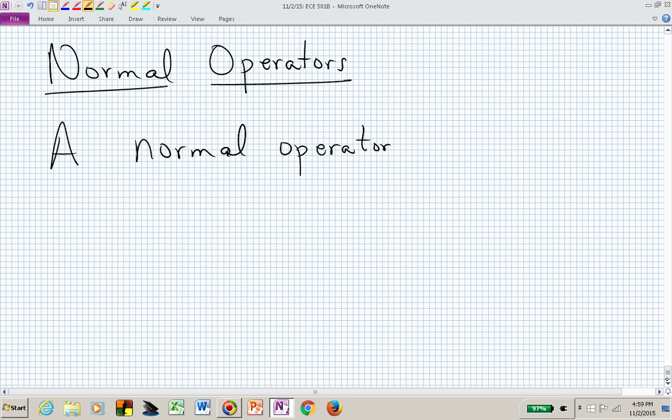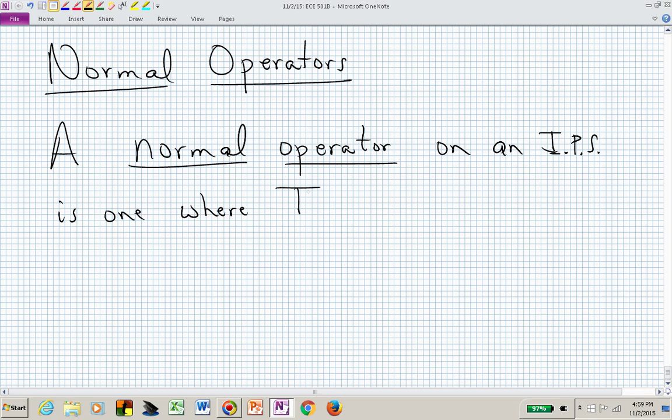A normal operator on an inner product space is one where the linear operator T commutes with its adjoint T star, or T dagger.